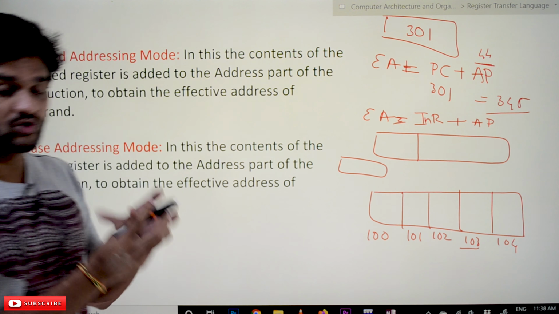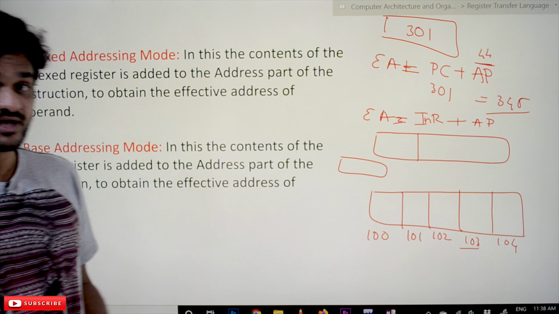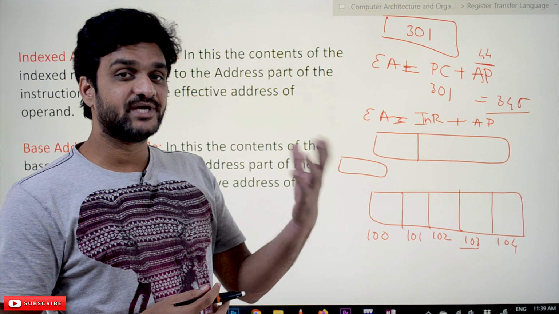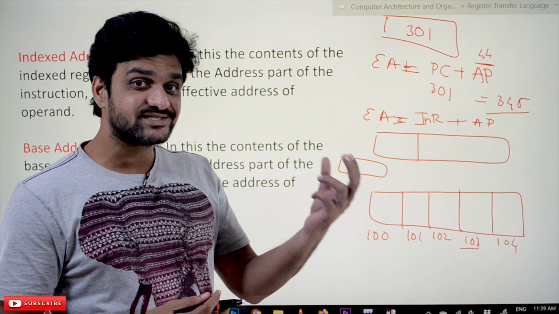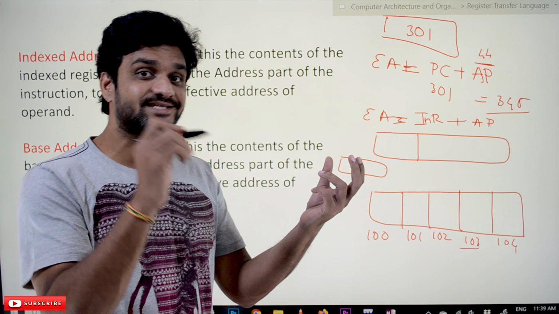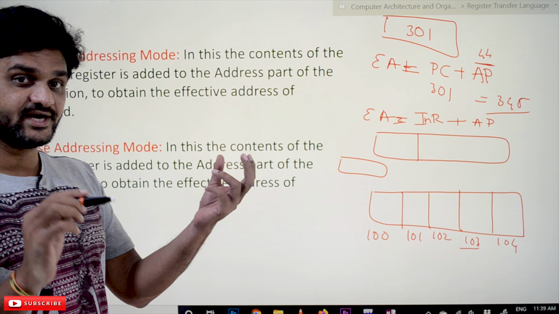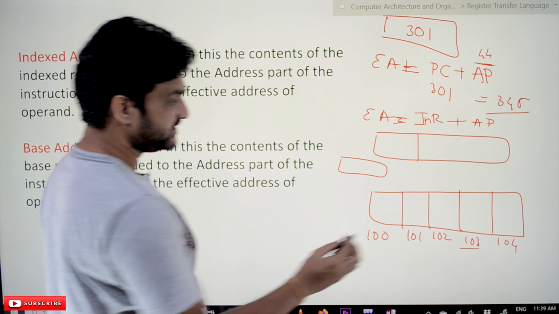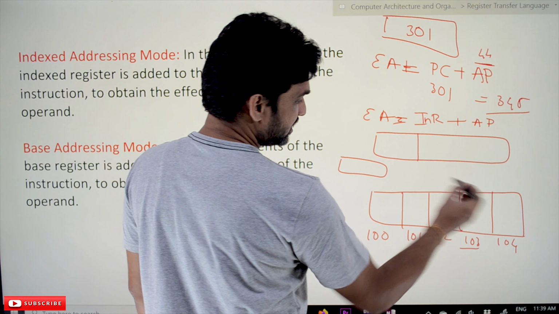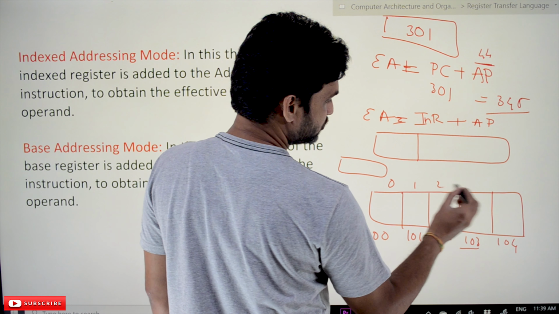If you have more registers in our computer, one of the registers is going to be the index register. This index register is going to contain the index of an array, so the index of the memory location. The index of this memory location is 0, 1, 2, 3.